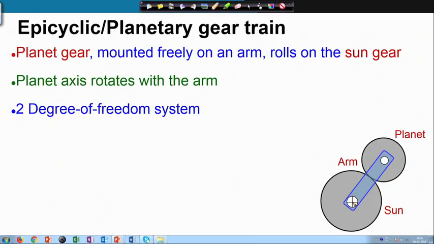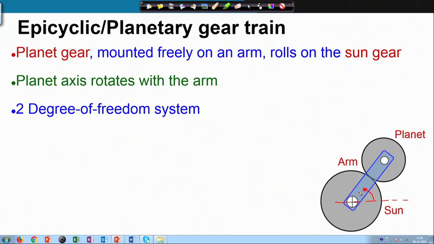If I want to fix the configuration of the sun, planet and arm system, suppose I fix the angle of the arm. So, that is 1 degree of freedom. I can arbitrarily choose the angle of the arm.